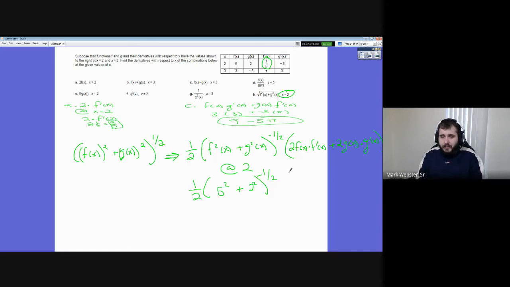And then 2 times f of x, so 2 times 5 times f prime, which is 1/5, plus 2 times g of x, so that's 2 times negative 5, right? So am I going to stop here? Yeah. Because do I need to go any further?